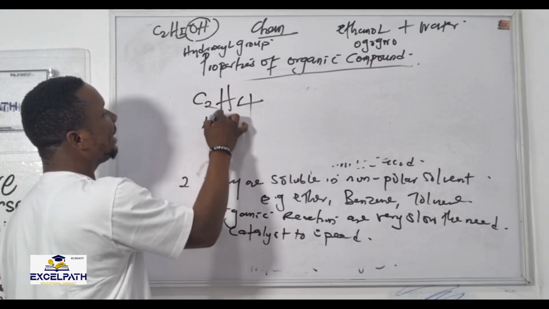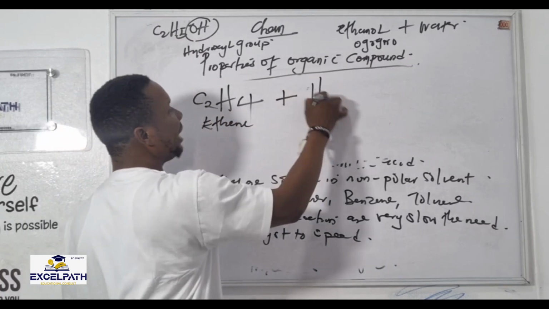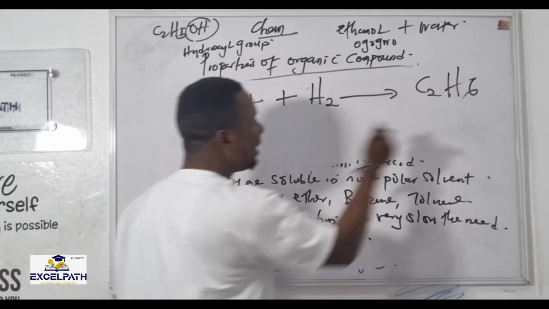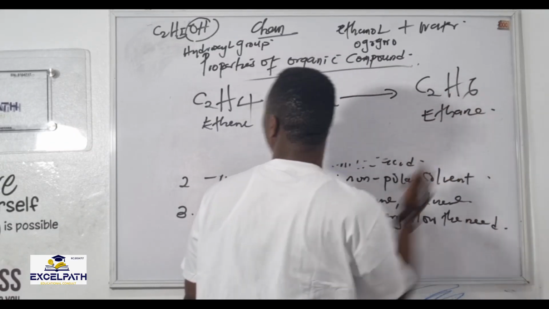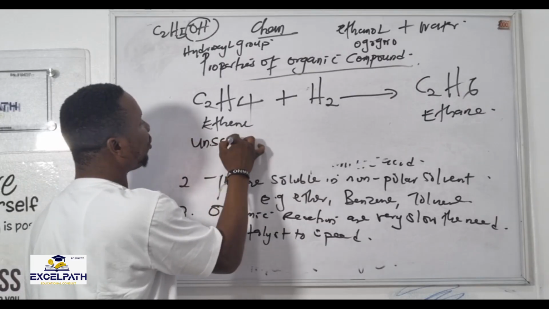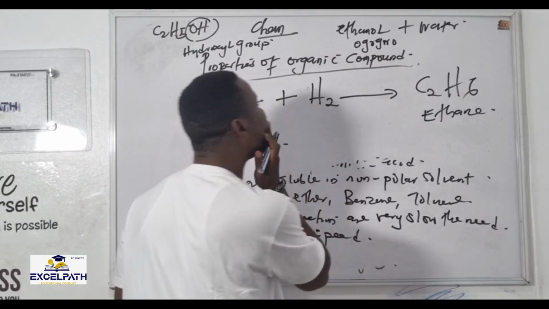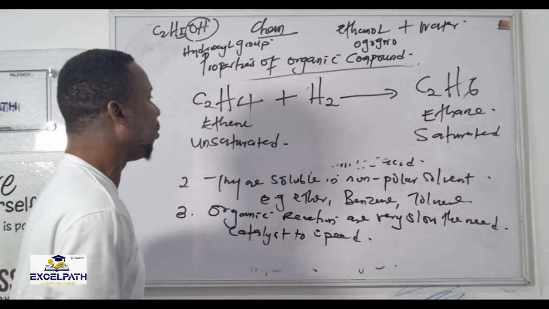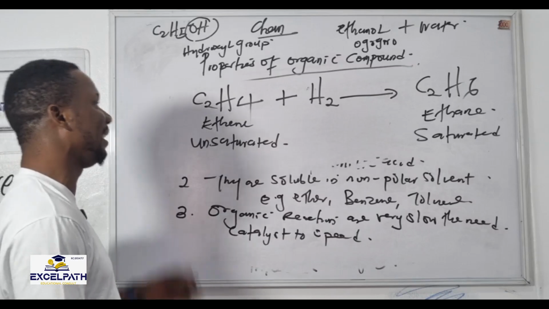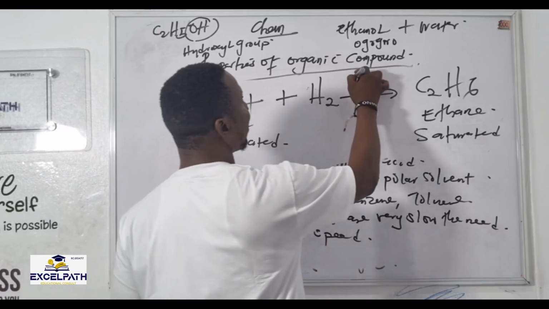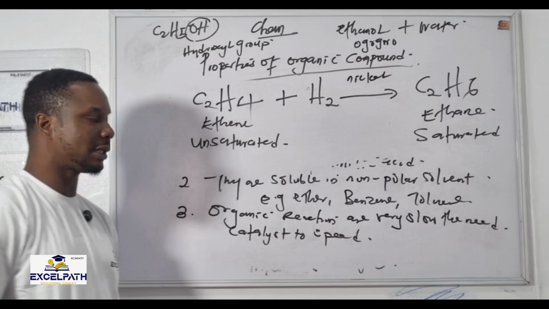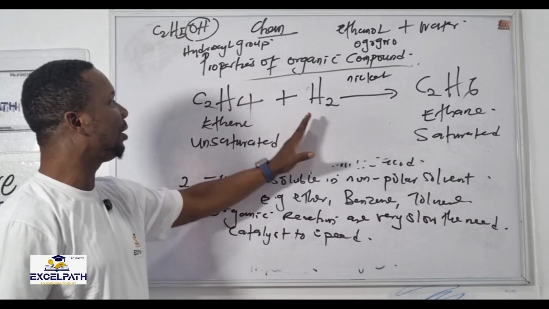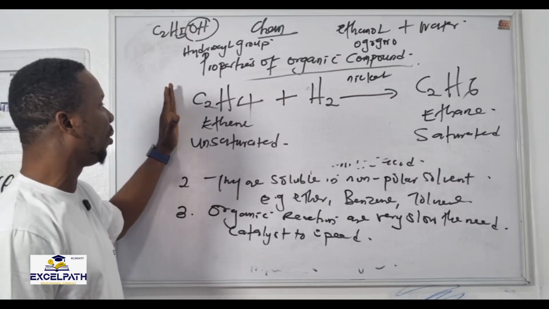This C2H4 plus hydrogen gas gives C2H6. C2H4 is an unsaturated hydrocarbon, while C2H6 is saturated. This reaction is extremely slow. For the reaction to be fast, you put a catalyst in it, like a nickel catalyst. Nickel catalyst will speed up the reaction. This reaction is called a hydrogenation reaction or addition reaction.